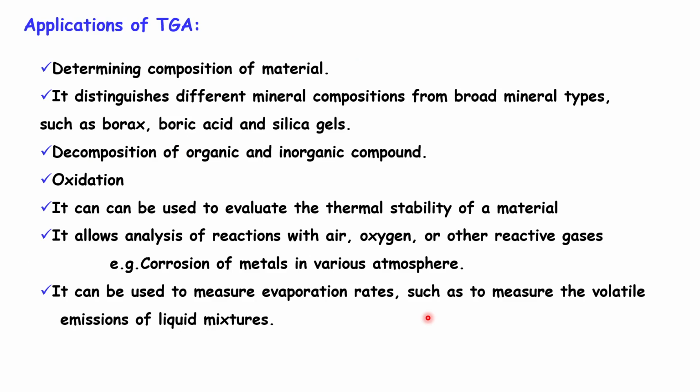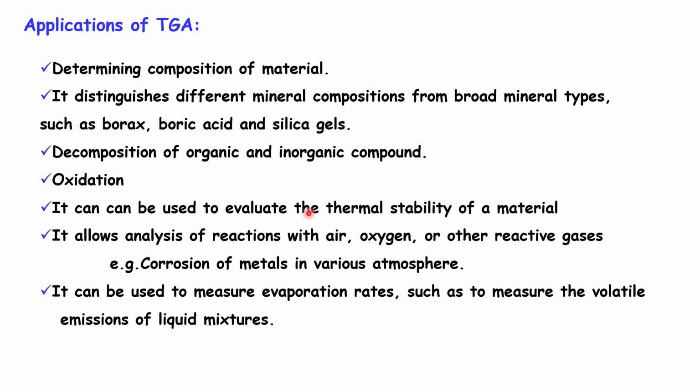Now we are going to see the different applications of the TGA. The TGA is used to determine the composition of the material. It is used to distinguish different mineral compositions from broad mineral types such as borax, boric acids and silica gels. It is used to study the decompositions of organic and inorganic compounds, to study the oxidations of different materials.